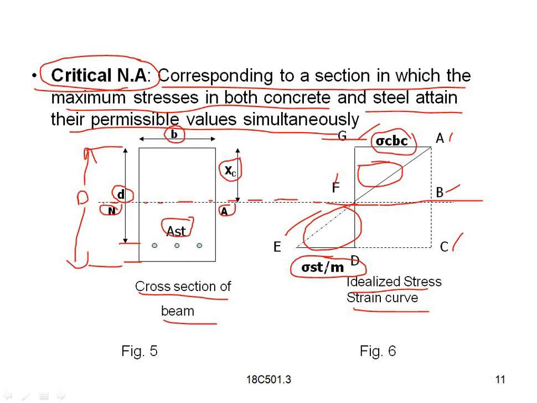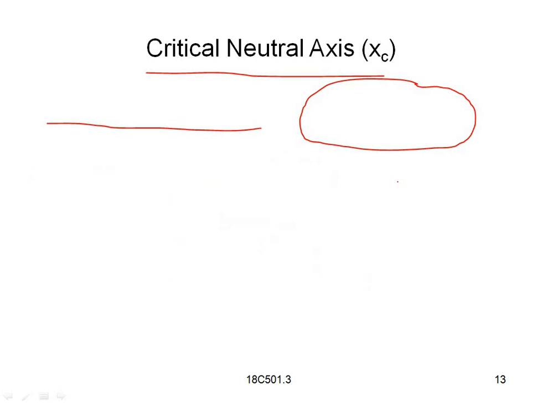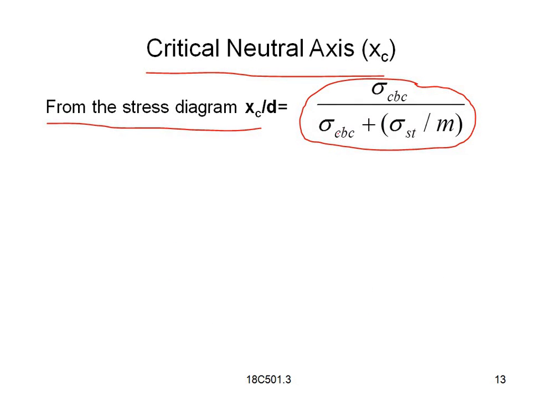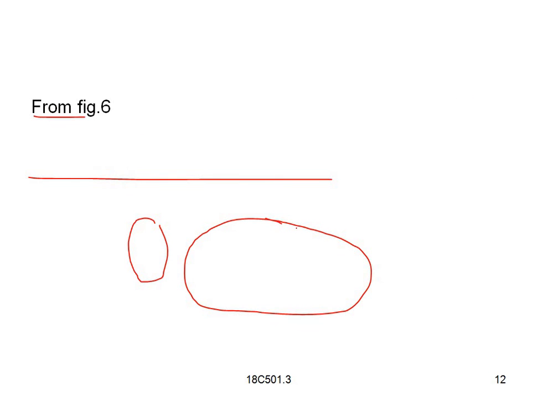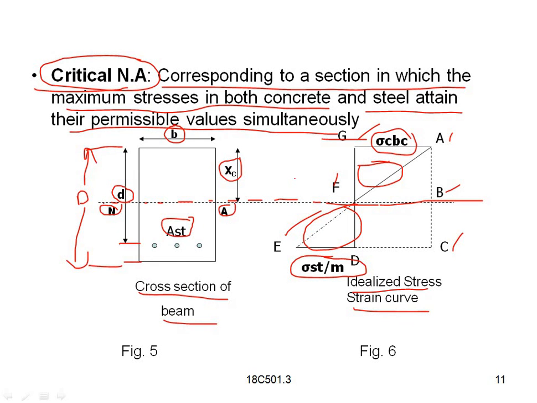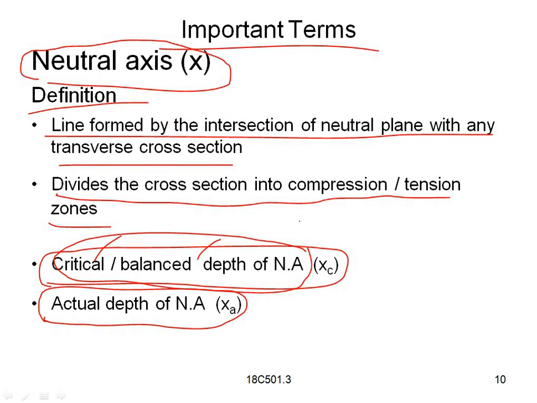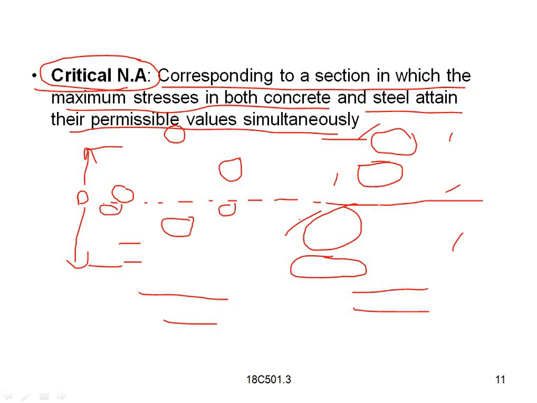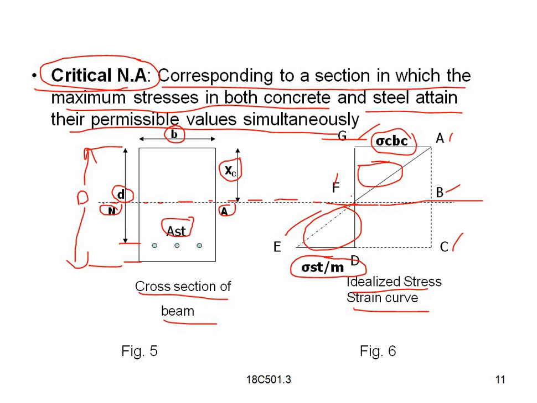And here what is written? Sigma ST by m. Sigma CBC is for the compression, and sigma ST by m is nothing but the steel, where m is the modular ratio.